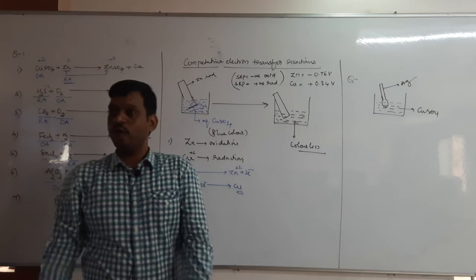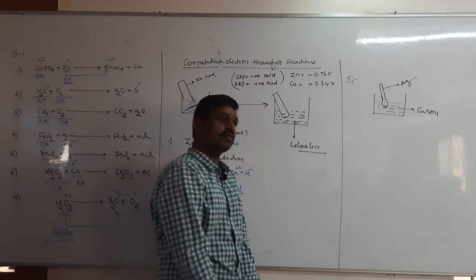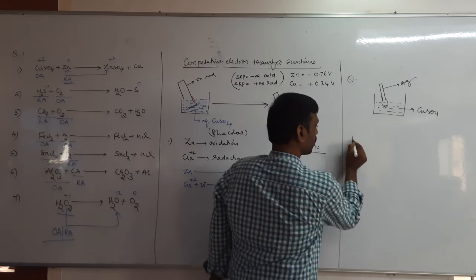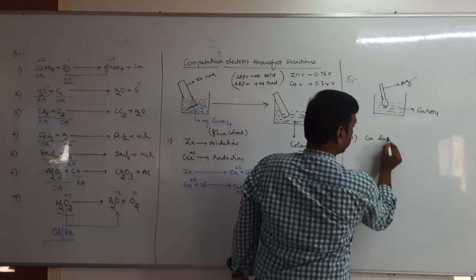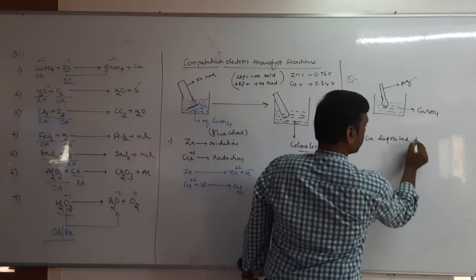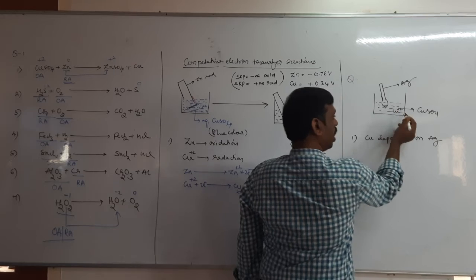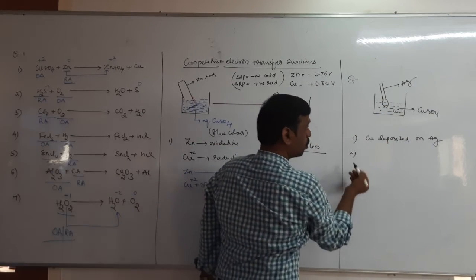So a copper sulfate solution is stirred with a silver spoon. Which of the following observations is noticed? 1. Copper deposited on silver, that is, Cu2+ undergoes reduction to form Cu on silver. 2.